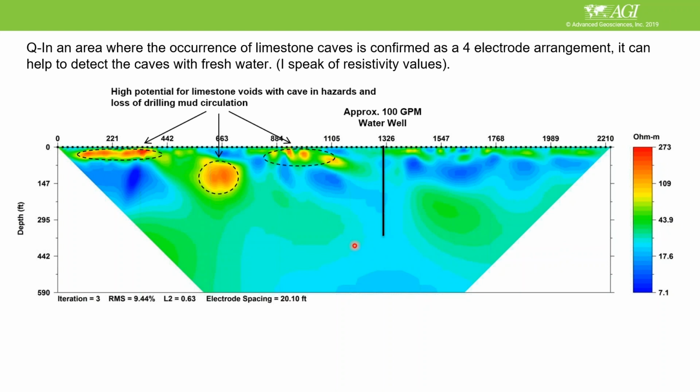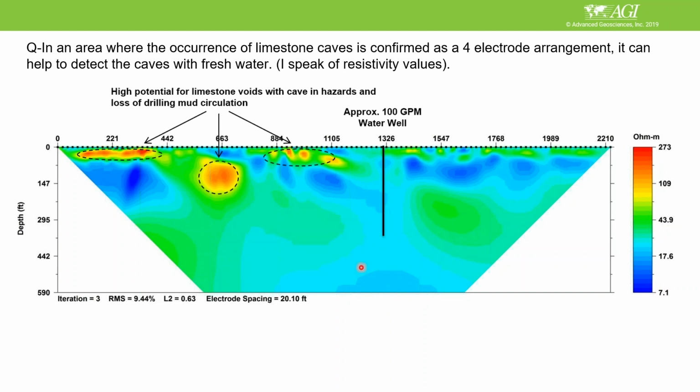The dominant factor is important. If I have a small water-filled cavity and a million ohm meter, then maybe it will drop to less than 1,000 ohm meter with the water volume. But if water is dominant in the area, it will lower to less than maybe 40 ohm meter. So it's all relative size and whatever is dominant in the area. So that's how you can speak about these resistivity values.